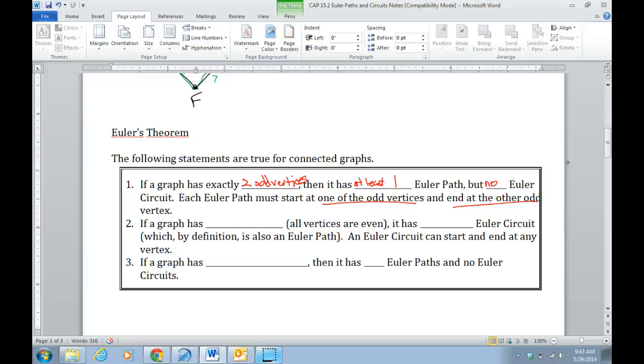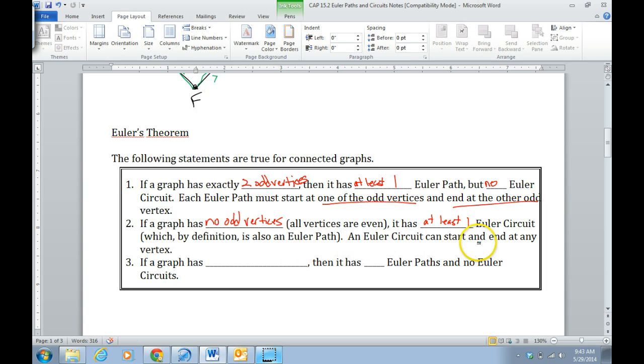Okay? If a graph has no odd vertices, then it has at least one Euler circuit, which by definition is also an Euler path.